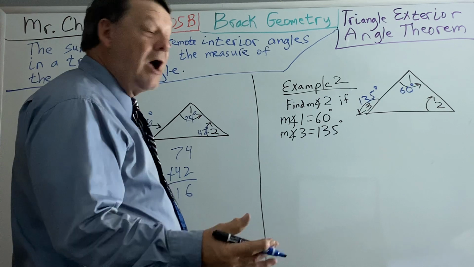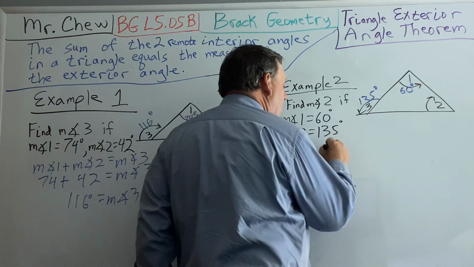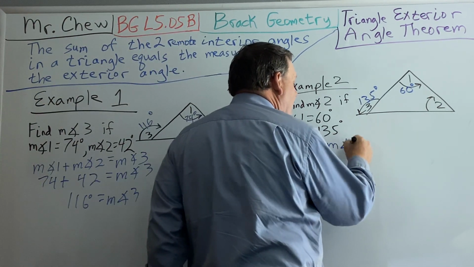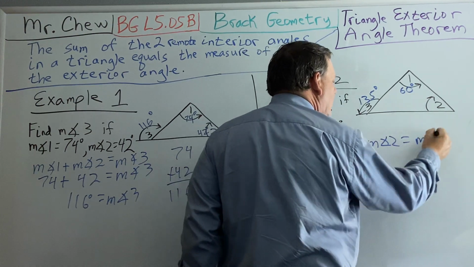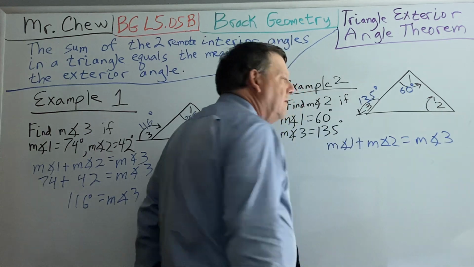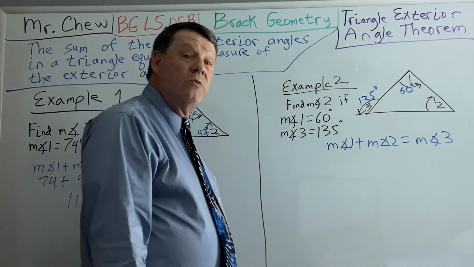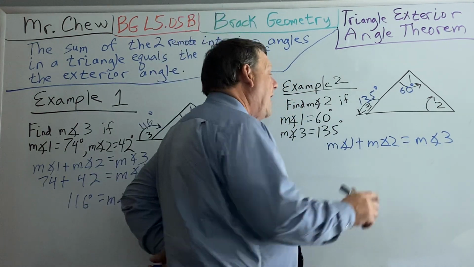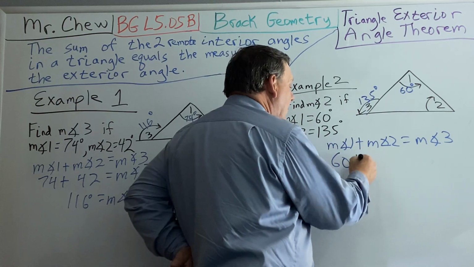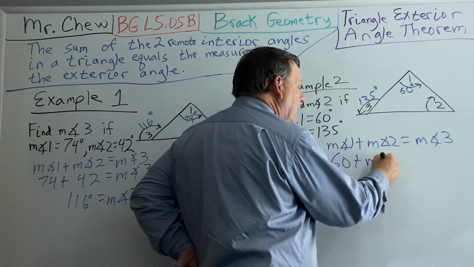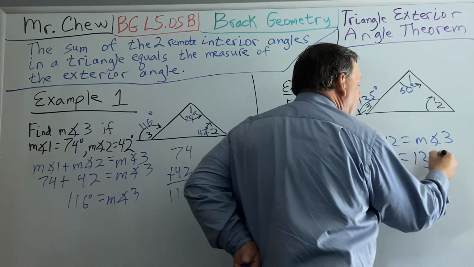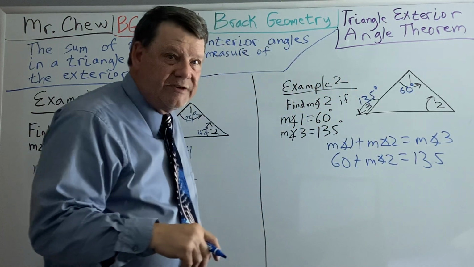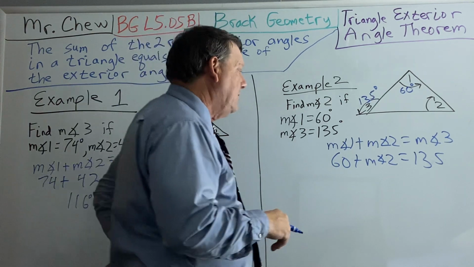So what do I do? I use algebra now because I know that the measure of the two remote interior angles will equal the measure of the exterior angle formed by those two remote angles. So now I substitute. I don't know the measure of angle 2, but I do know the measure of angle 3, and now I use algebra to solve this one-step equation.